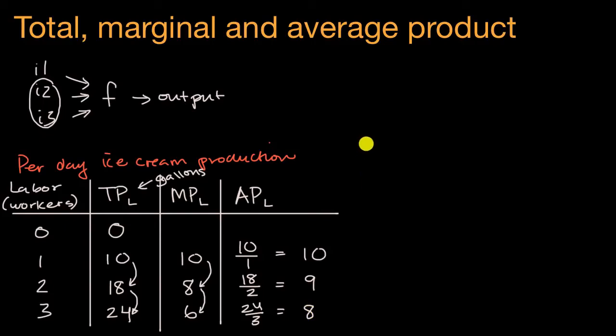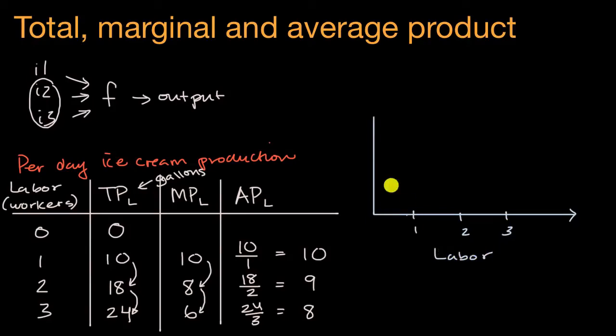And you can see this visually as well. I can draw this on a curve. Let me do that. So on our horizontal axis, I have our labor units, which is workers per day. So 1, 2, and 3. So this is labor right over here. And our vertical axis, I'll have our total output.